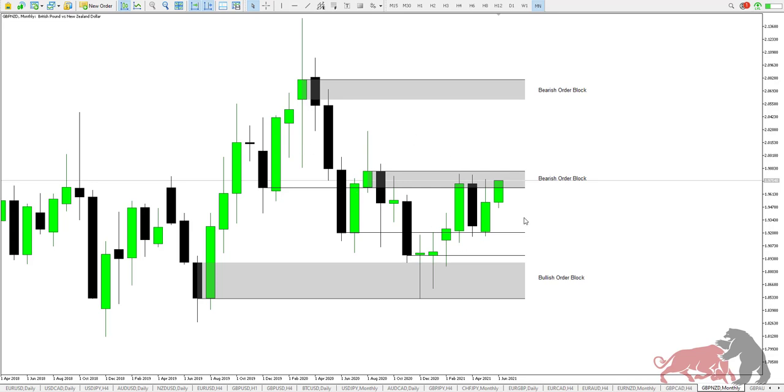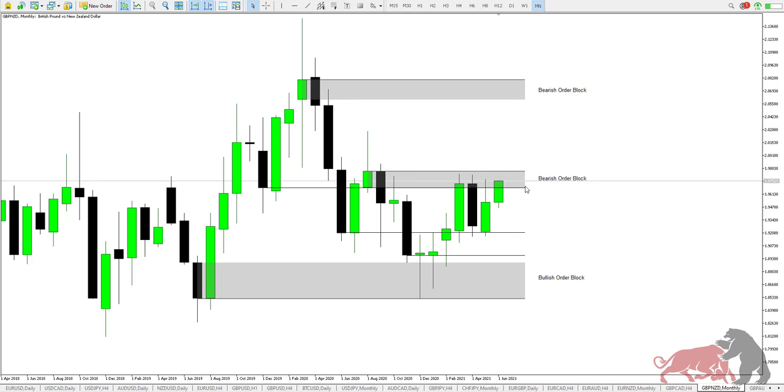Now once I've done this, what else do I see on this monthly chart that I can put as reference point for my buyers? Right now price is inside a bearish order block, meaning I'll be looking to be a what? A seller of GBPNZD, right?